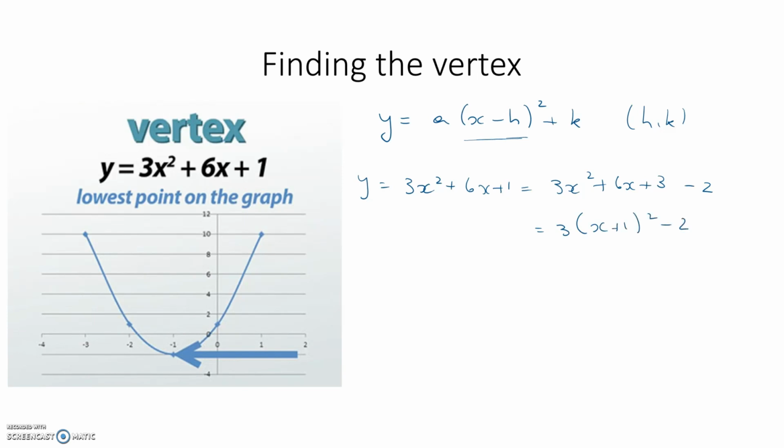Now, what we need is that comparison. So h must be negative 1 to match up there, and then k must be negative 2, which we already knew because we'd done this before.